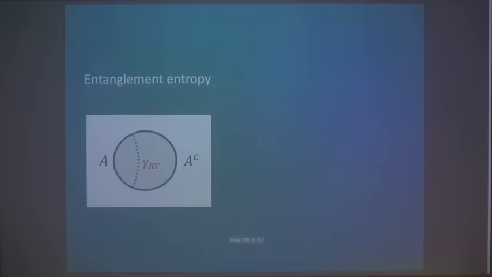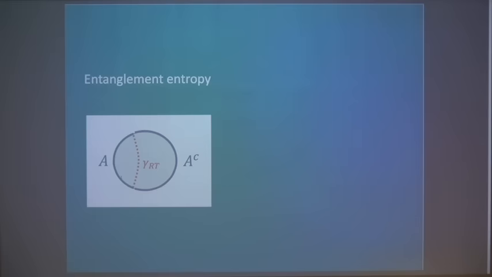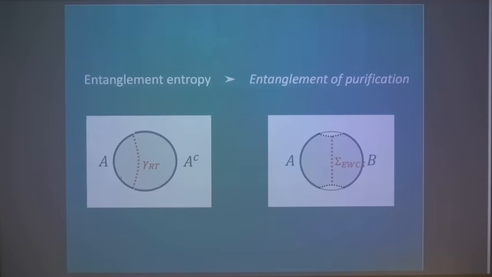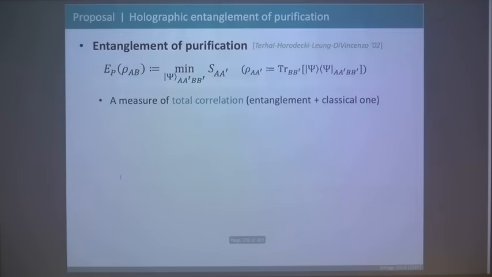To do this, we consider a generalization of the Ryu-Takayanagi formula by employing the so-called entanglement of purification in information theory and proposing its holographic dual, denoted by this red dashed line. The entanglement of purification is defined in this way, and you can intuitively regard it as the minimal entanglement in purified systems of given density matrices.